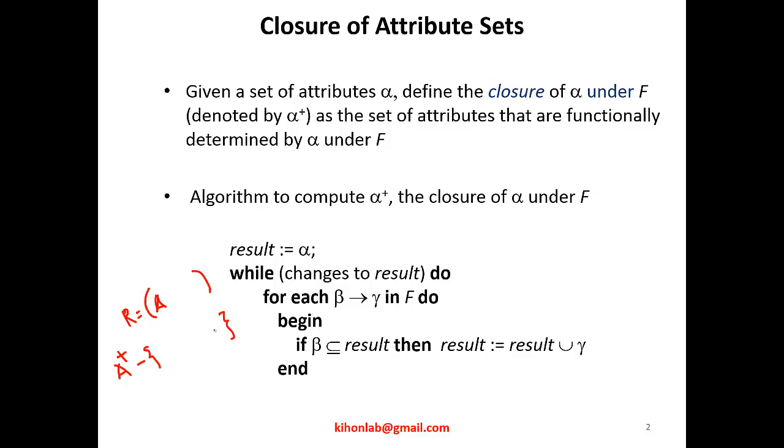For example, if I have two attributes A and B, and the functional dependency given is A derives B, and we are trying to find the attribute closure of A, the self attribute comes first and then its dependent attribute.